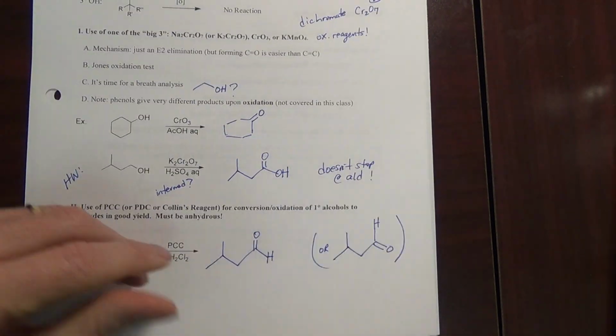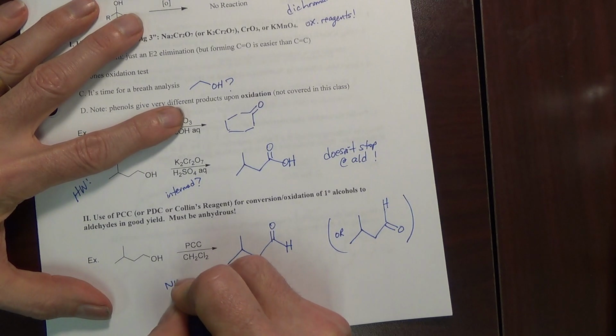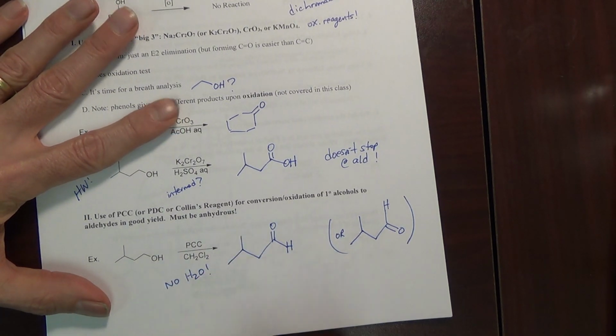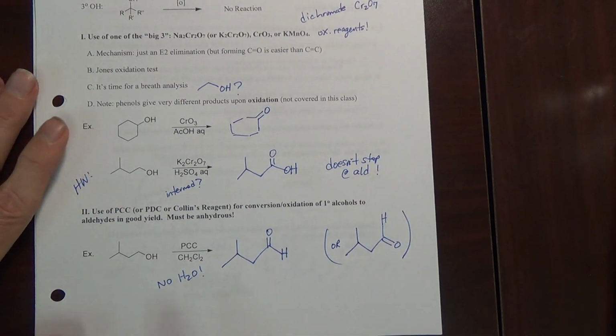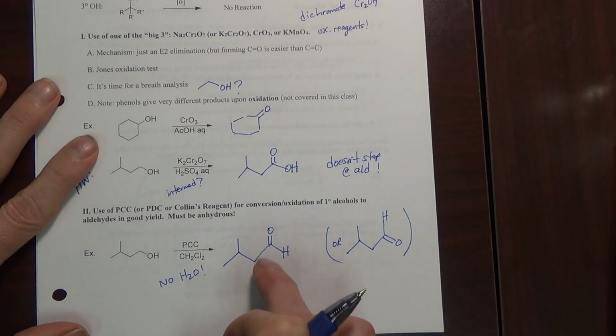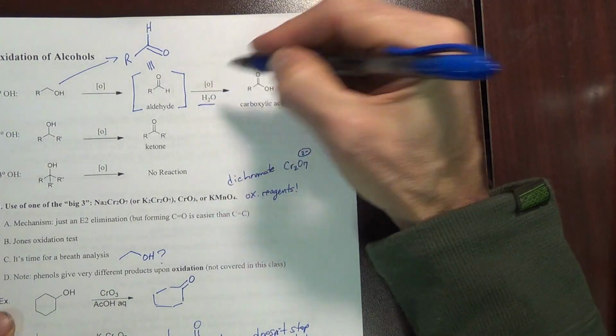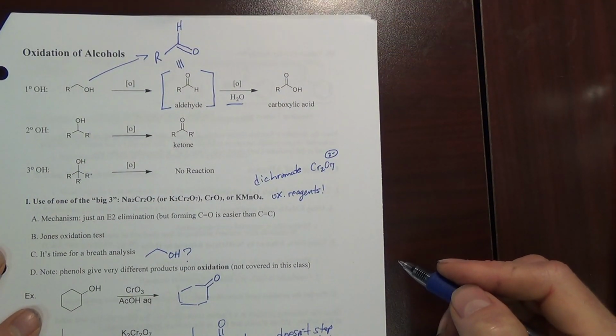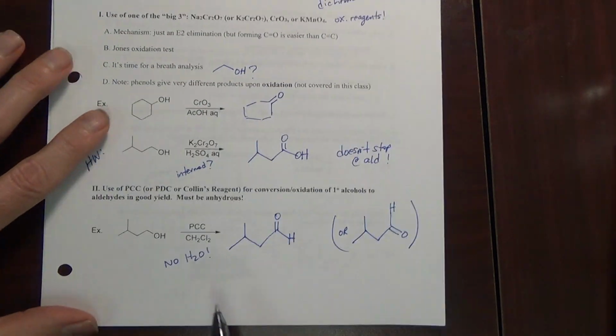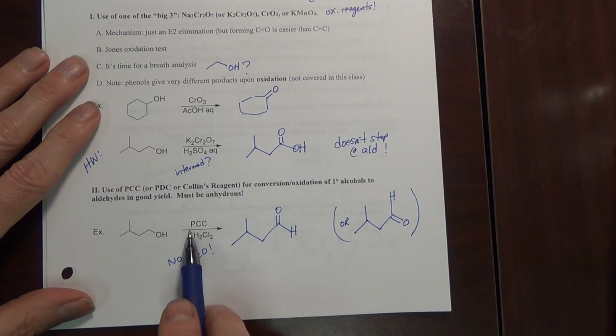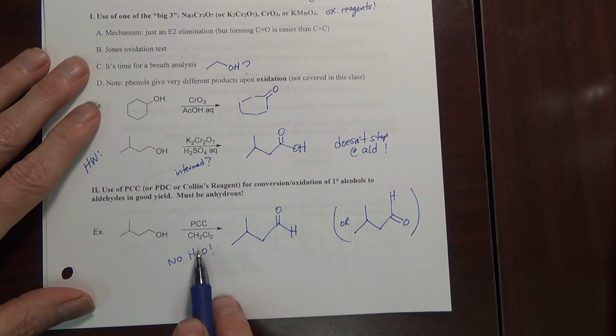Now importantly here, no H2O. And that's one of the main reasons it stops at the aldehyde, because remember, to further oxidize, you've got to have water. If you keep it dry, don't use an aqueous solvent, we're using a dry organic solvent.